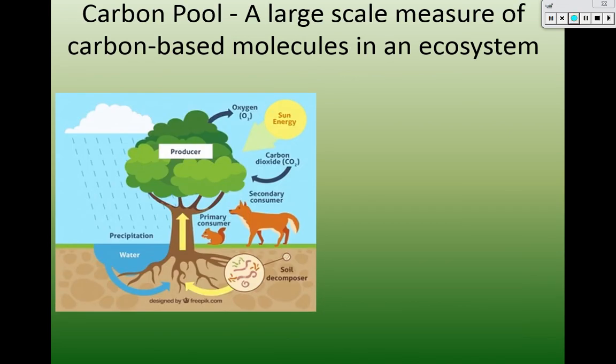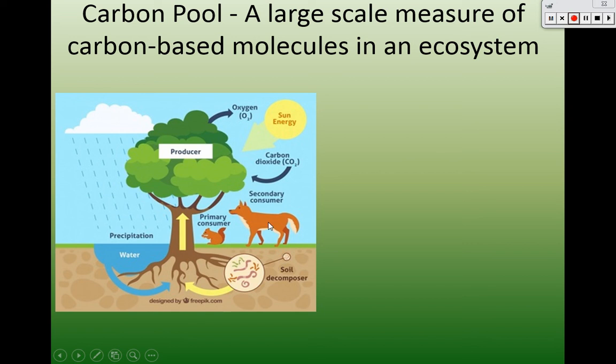Okay, so now we talk about carbon pools. A carbon pool is a large-scale measure of carbon-based molecules in an ecosystem. If you look at this little drawn ecosystem here, you see everything that we now expect to see, right? We've got carbon dioxide in the air going into the producer. Here's our producer. We've got the primary consumer here eating maybe nuts that fell from the producer.